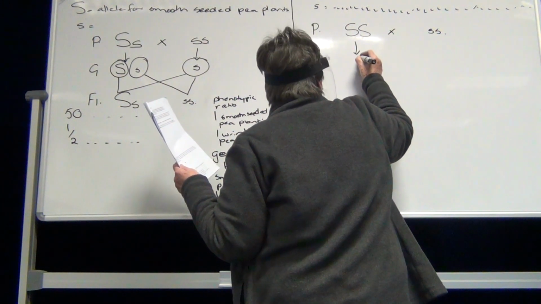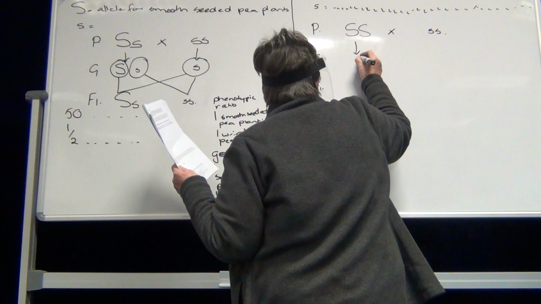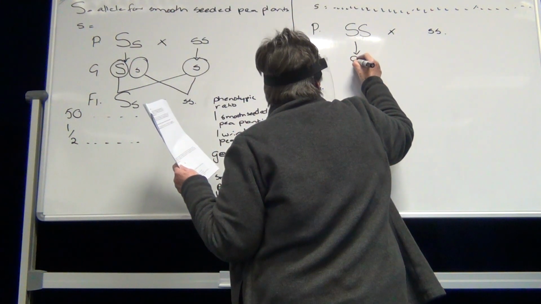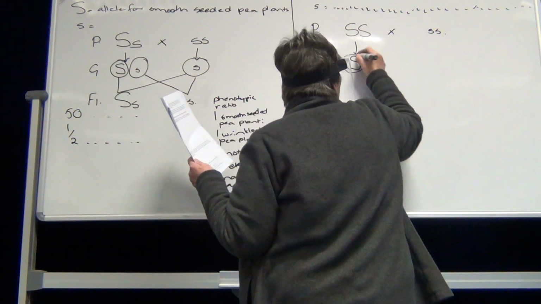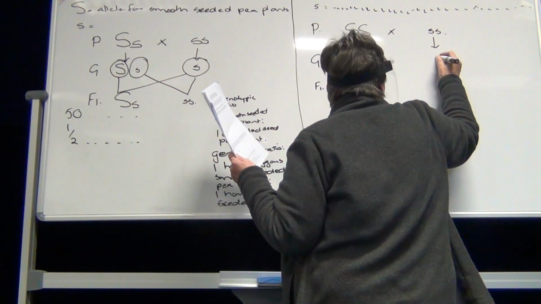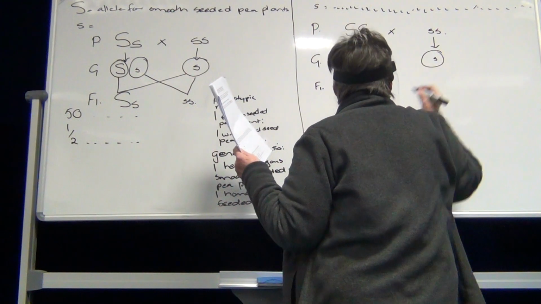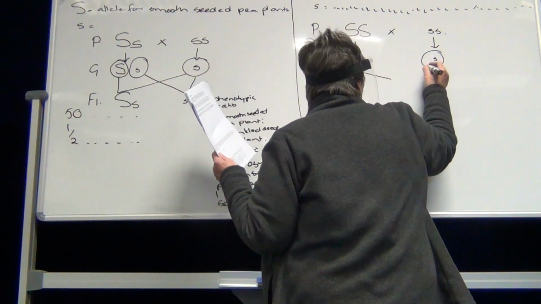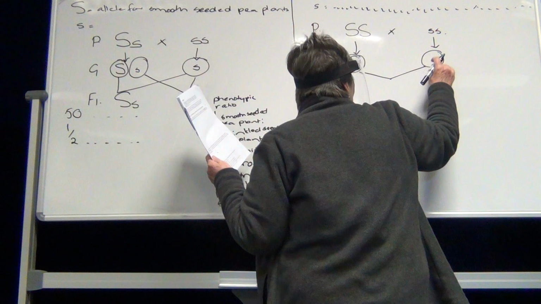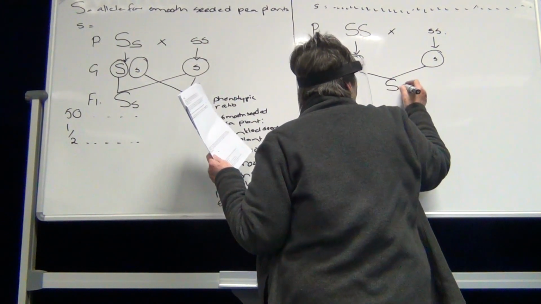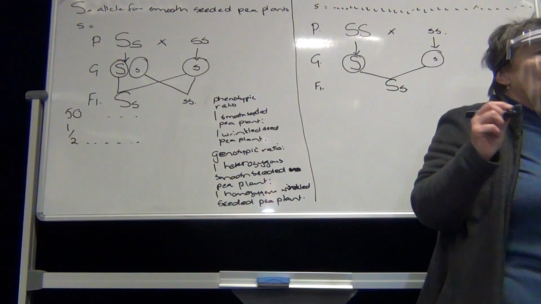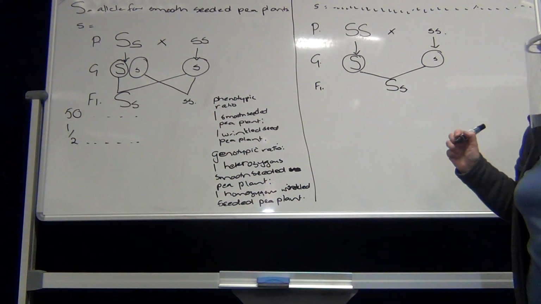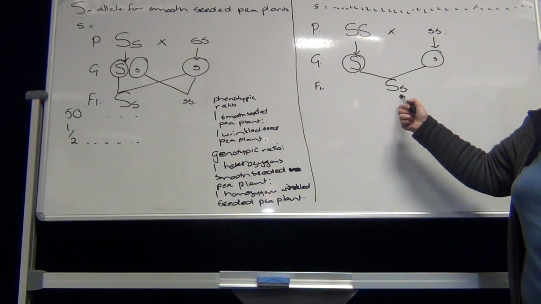Gametes here, Kerry? Big S in a circle, and then small s in a circle. Okay, right, everybody happy? So there we go. Those crossed with those, there's only one option you can get, and therefore they are all genotypically heterozygous straight-haired guinea pigs.